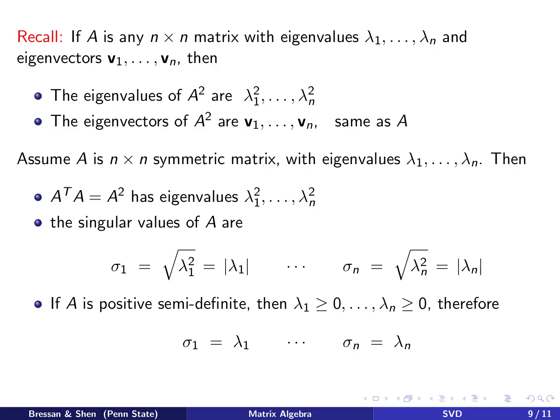And then the singular values of A are computed as sigma 1 will be the square root of lambda 1 squared, which is the absolute value of lambda 1, and so on, to the last one, sigma n, which will be the absolute value of lambda n. And in an even more particular situation where A is positive semi-definite, that is, the eigenvalues are non-negative, then the singular values are the same as the eigenvalues.